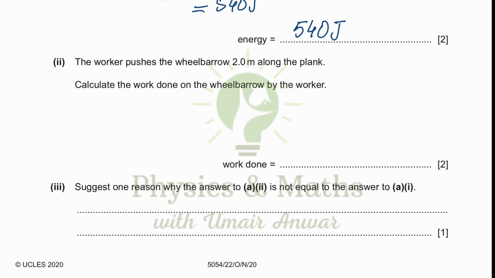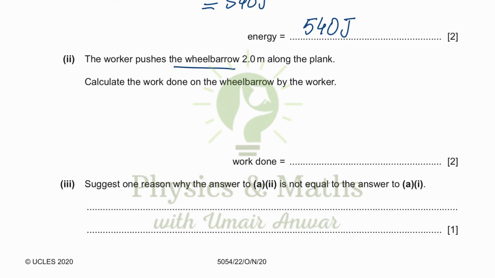The next part says the worker pushes the wheelbarrow 2 meters along the plank. Calculate the work done on the wheelbarrow by the worker. Now work done is force multiplied by the distance moved in the direction of the force.